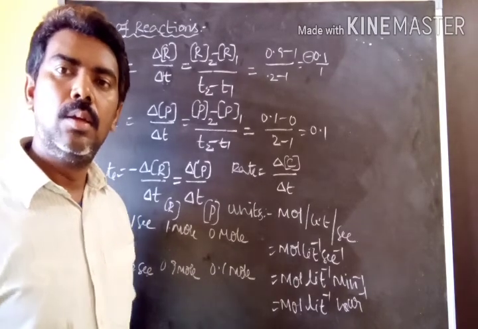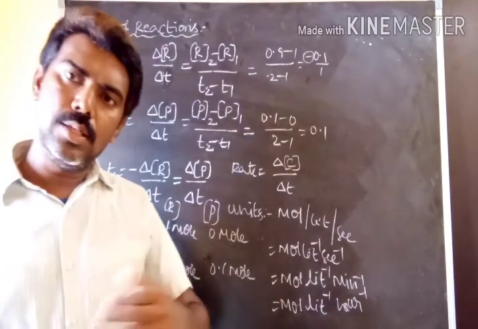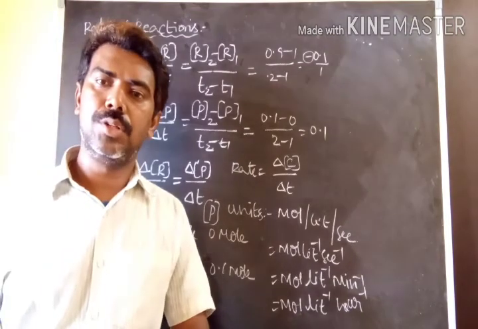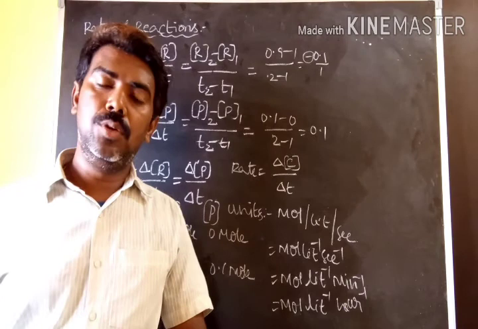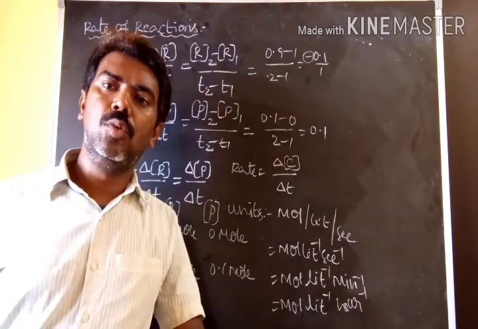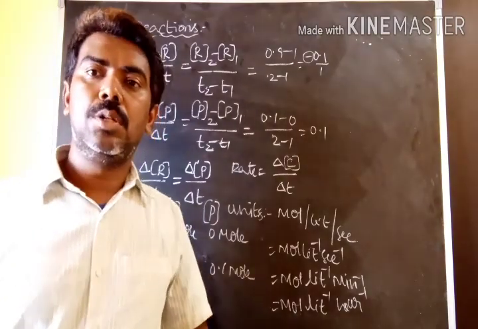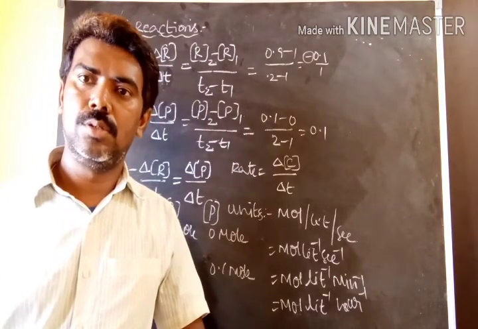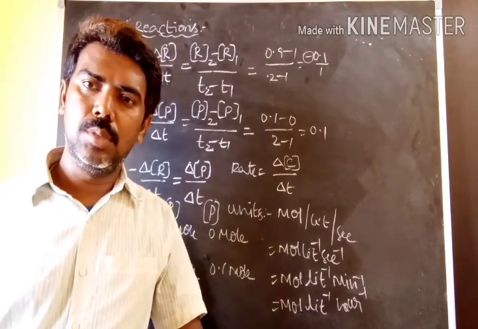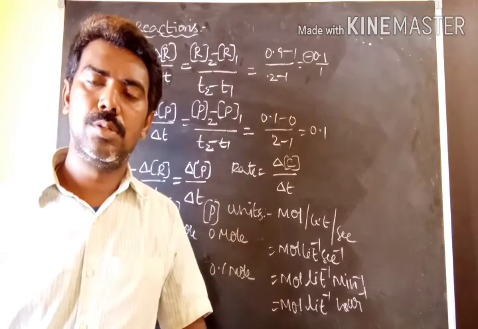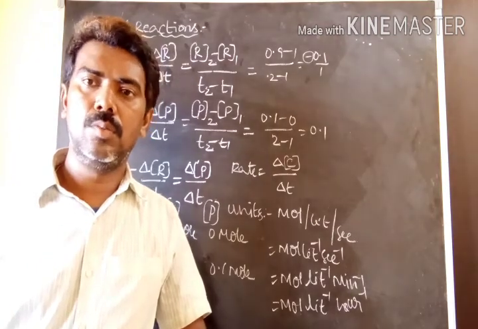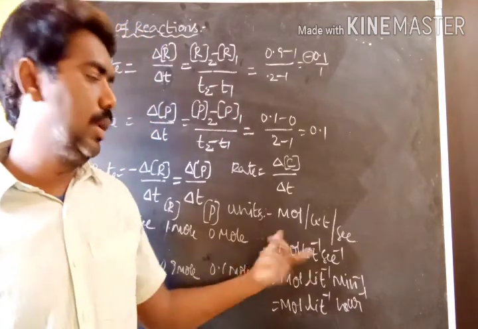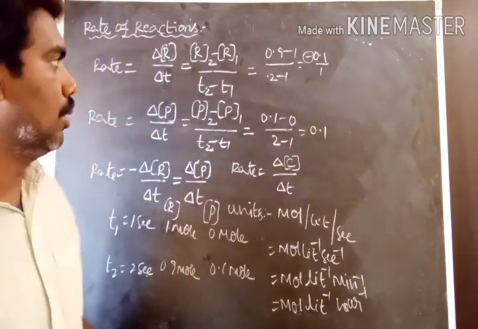Next, in the case of a gaseous reaction, the units of rate of reaction use the partial pressures of the gases instead of mole per liter. For gases we take the pressures, the partial pressures. What are the units of pressure? Atmosphere. Instead of mole per liter, I take atmosphere directly.